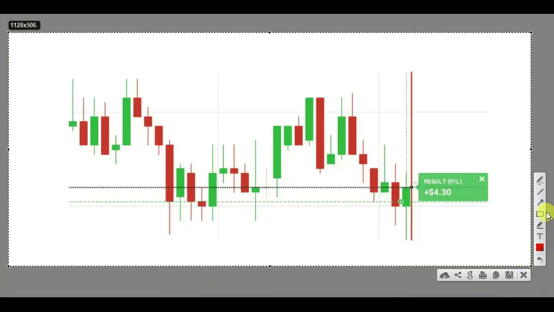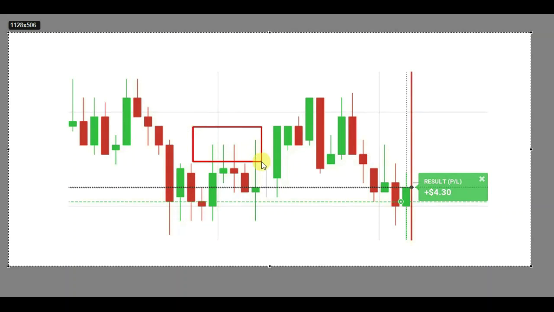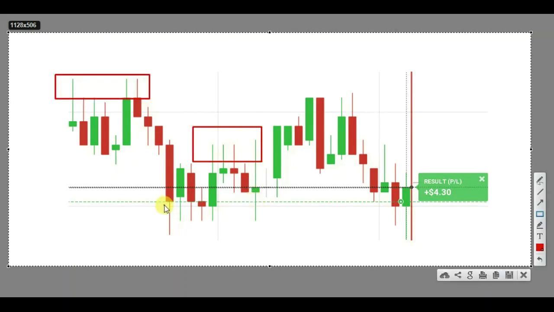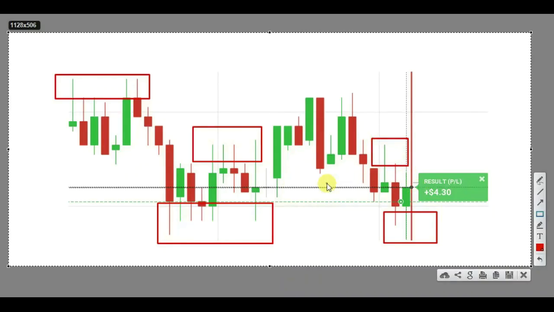Okay, this is not a good market to trade. Strong wicks. See, everywhere strong wicks. So this is not good. And if you trade in this market, you should always look for marginal safety.